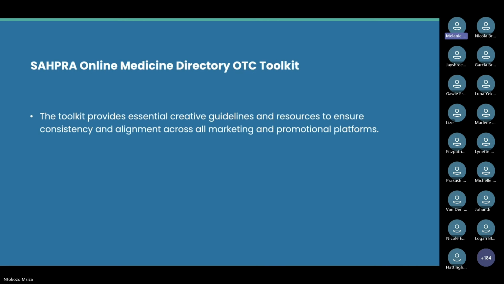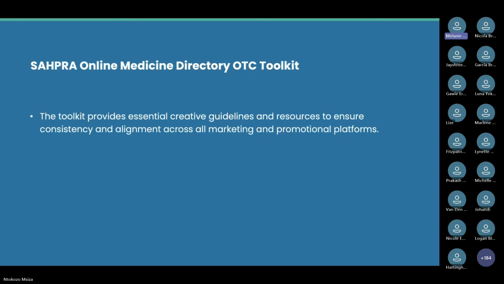So this specific toolkit, what does it offer? Firstly, it provides essential creative guidelines and resources to help you customize your various collateral or your platforms so that what we're aiming for is consistency and alignment across all of your materials.